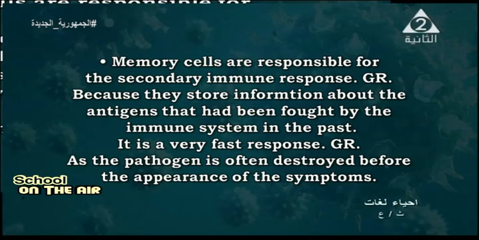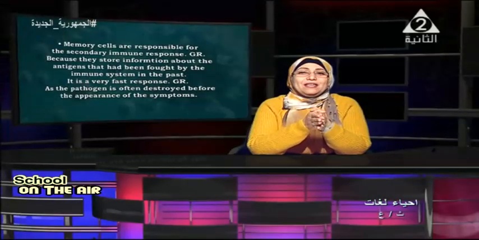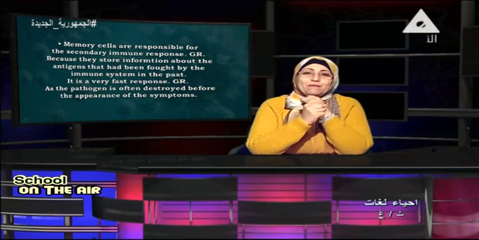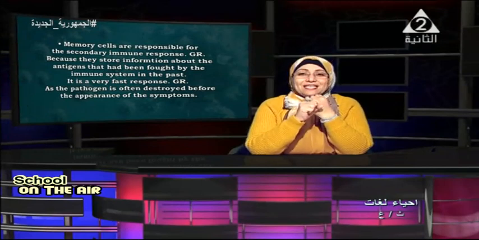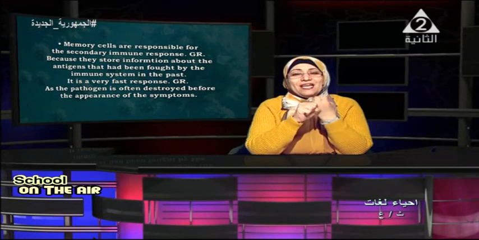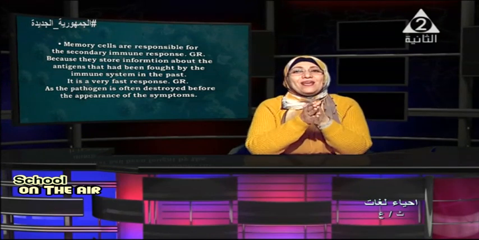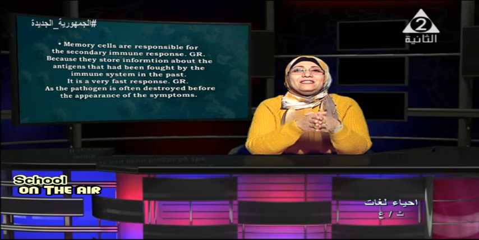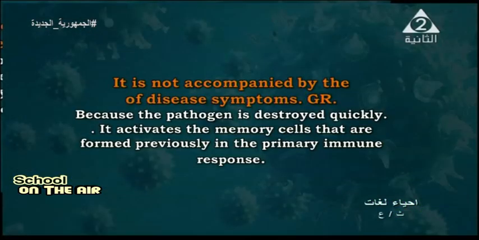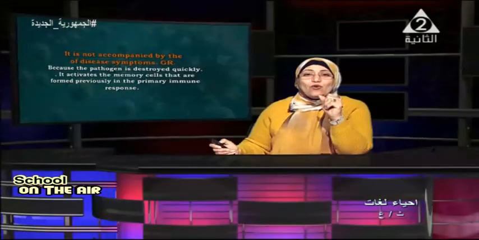Okay, take care that there are two types of this infection. The first type is when the body succeeds in overcoming the infection by the disease before the antibodies are formed. There are no symptoms of the disease because the pathogen is destroyed quickly. This happens for some persons, and you can see it by blood analysis.